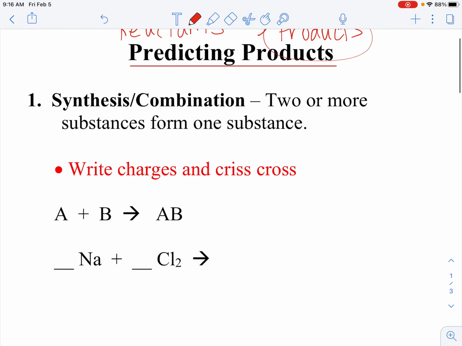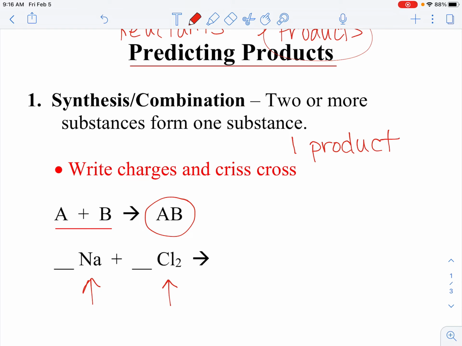In a synthesis reaction, 2 or more substances are on the reactant side. And remember, you identify it being a synthesis reaction because there's only one product. To identify that product, you are basically going to write a compound that contains both of the individual elements on the left side of the reaction.